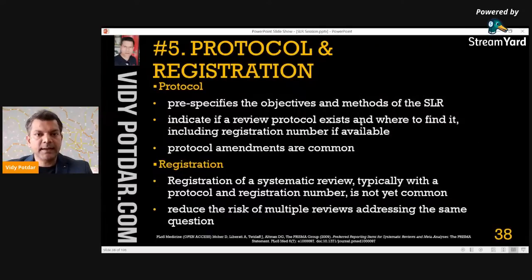All right. The next bit is protocol and registration. Protocol refers to pre-specifying the objectives and methods for doing the SLR, and indicating if a review protocol exists and where to find it.